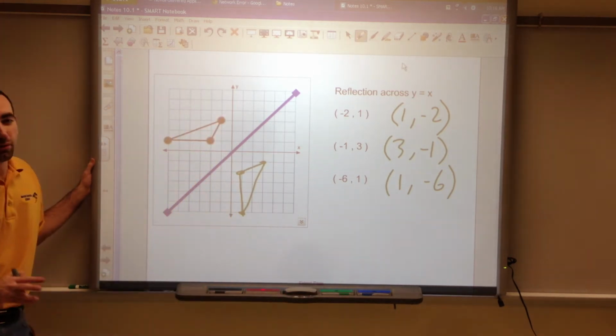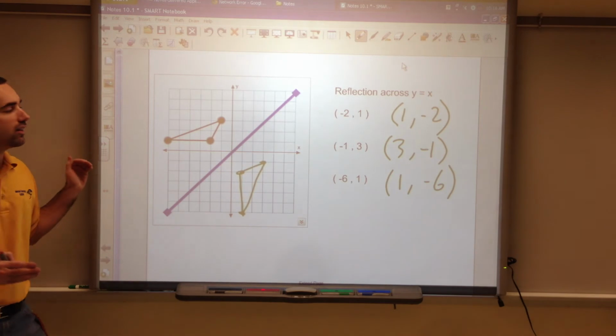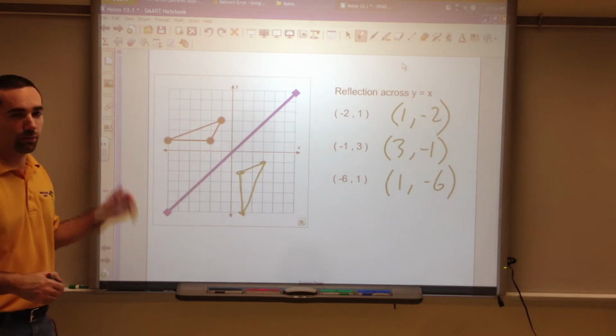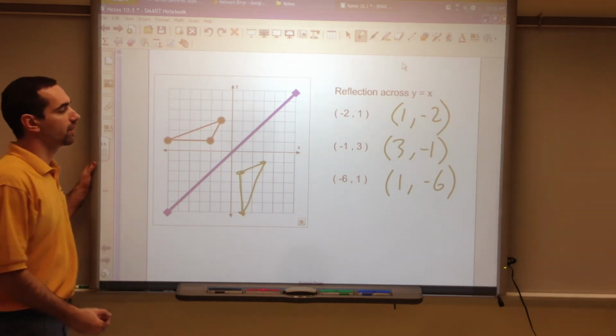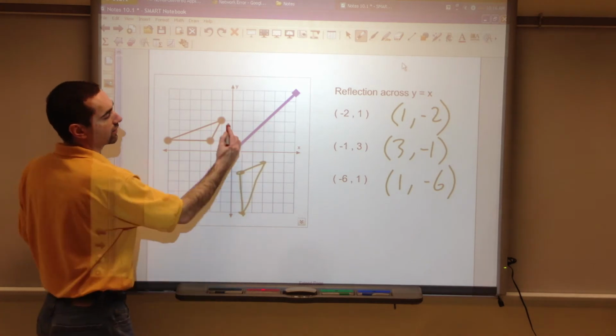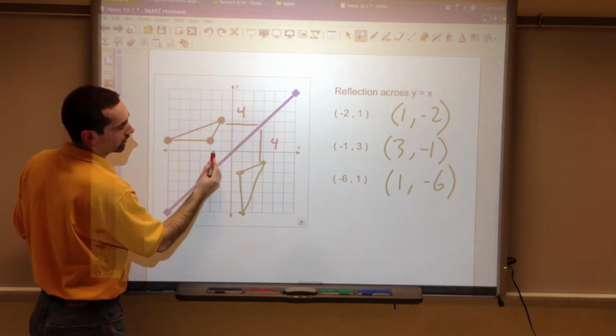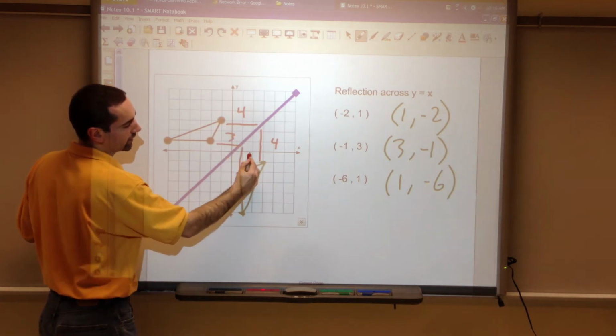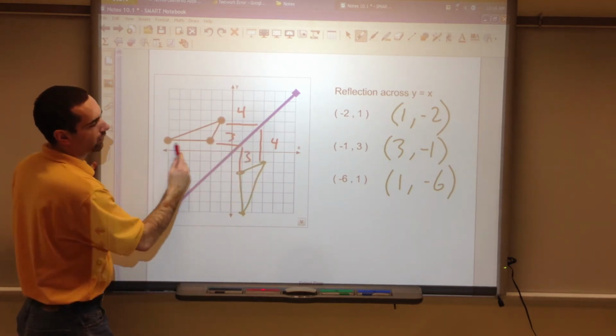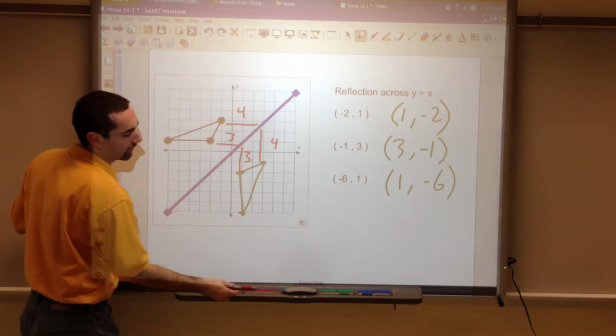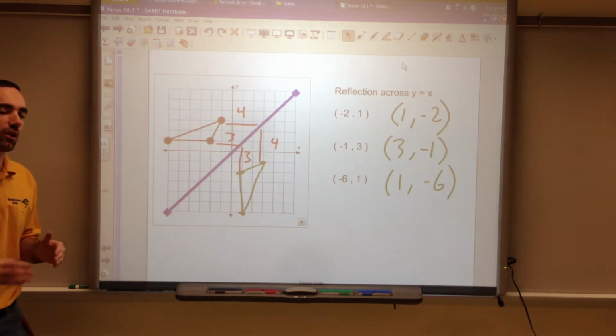Now, I could do the same sort of thing in thinking about distances, but it is a little bit more challenging. Over 4, down 4. Over 3, down 3. Over 7, down 7. So it's a little bit different with the x and y coordinate.